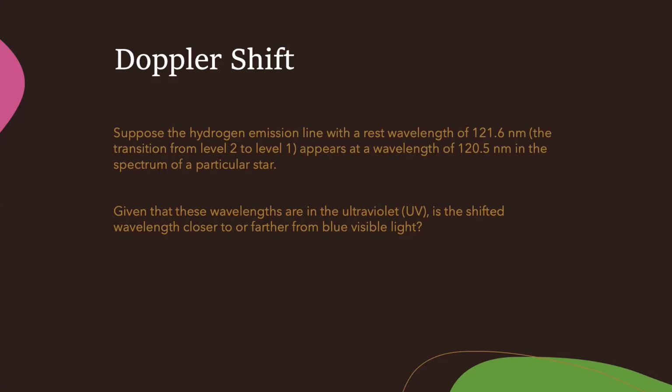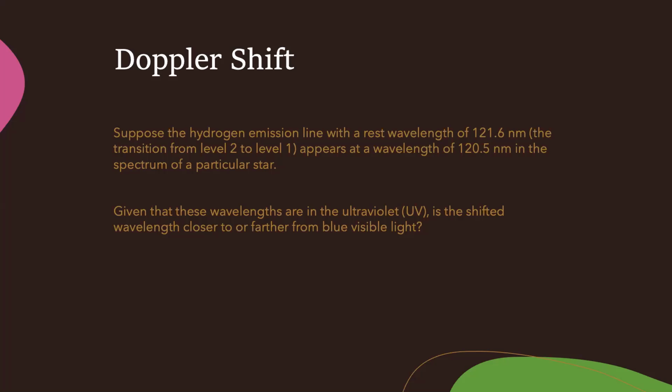So this ultraviolet light is becoming even higher frequency. Does that bring it closer to or farther from blue visible light? Would it bring it further away? It would bring it further away, right?